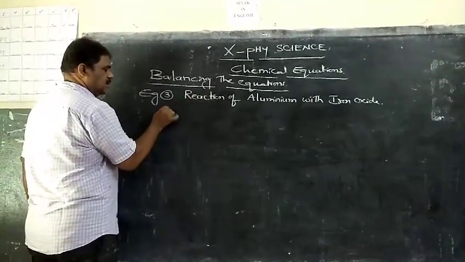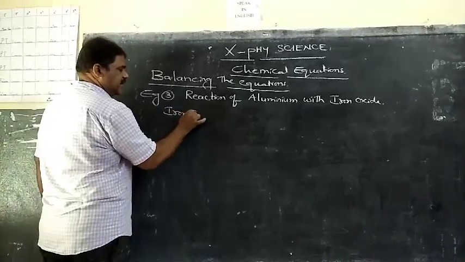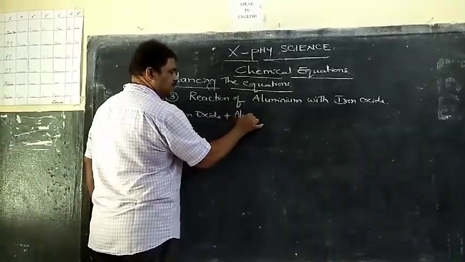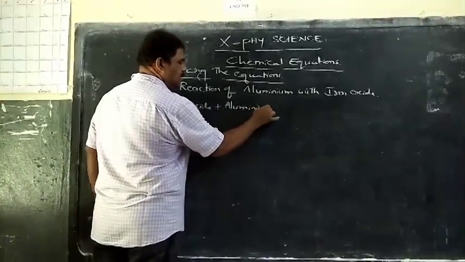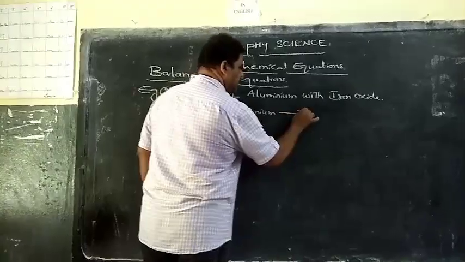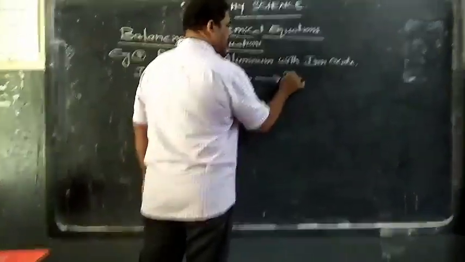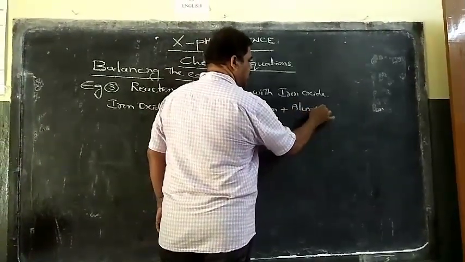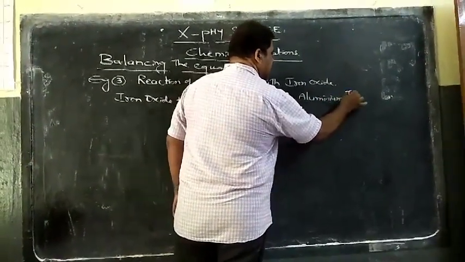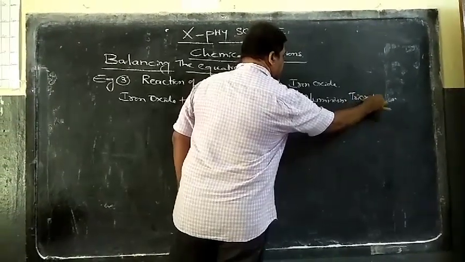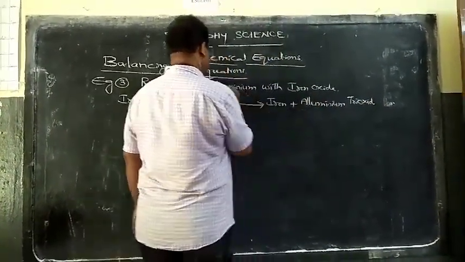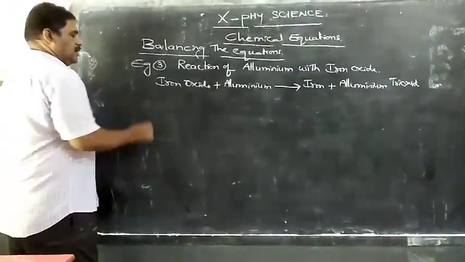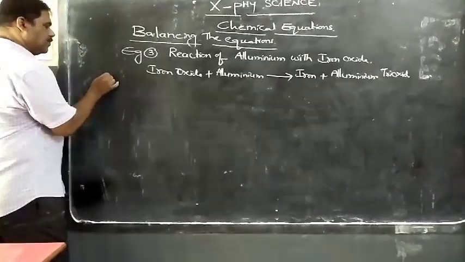That is, this is iron oxide, reacts with aluminium. It gives iron plus aluminium trioxide.